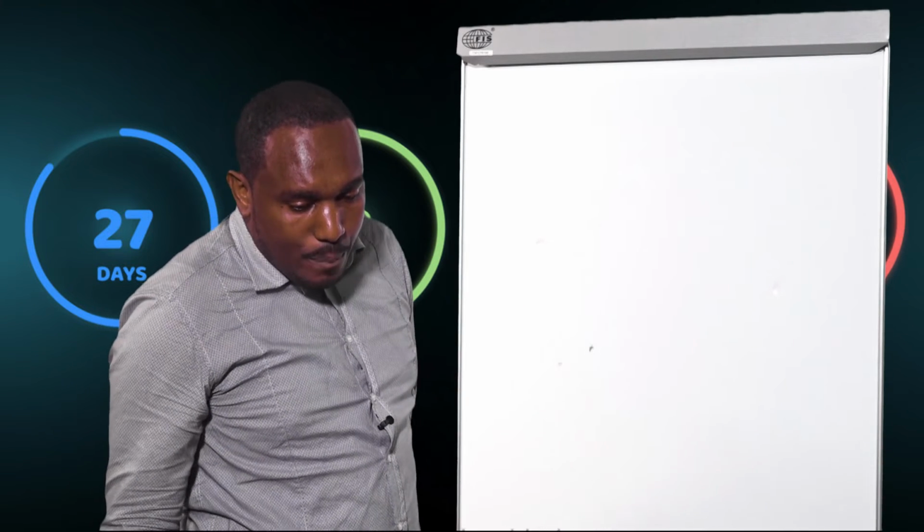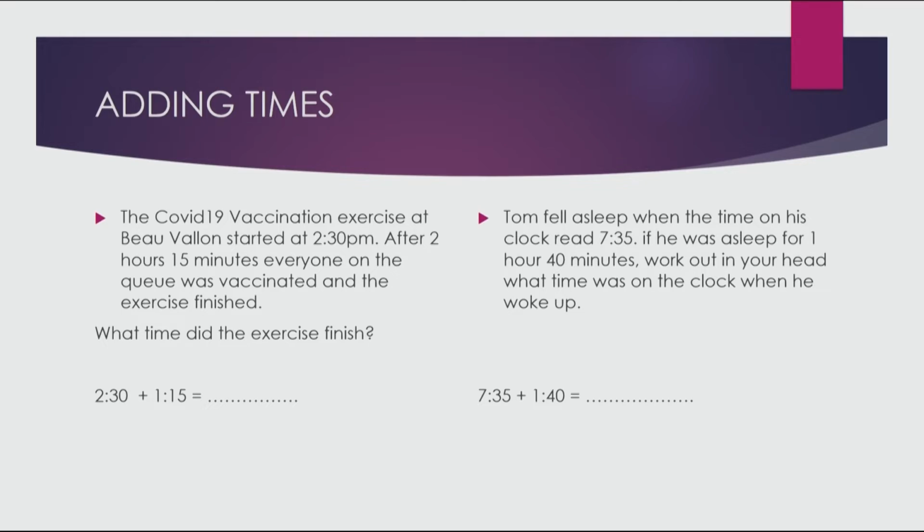Tom fell asleep when the time on his clock read 7:35. If he was asleep for 1 hour and 40 minutes, work out in your head what time was on the clock when he woke up.